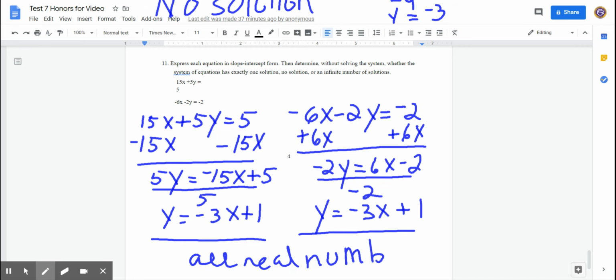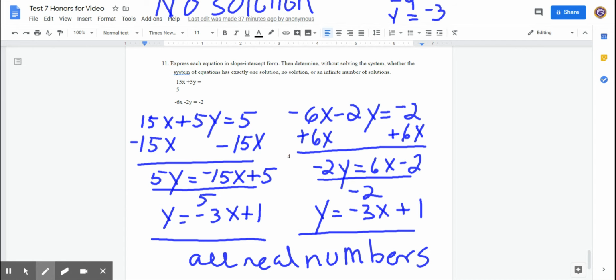If they had the same slope, which was negative 3, and they had different y-intercepts, then we would know that the two lines are parallel. Parallel lines never intersect. Therefore, that answer would have been no solution. If when you solve for y, the slopes were different, then you know the two lines are going to intersect at one point.